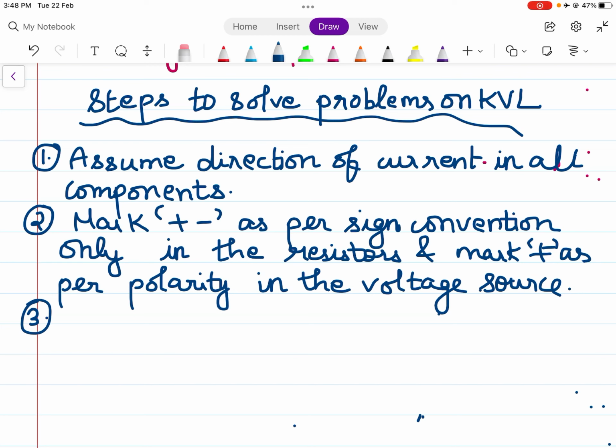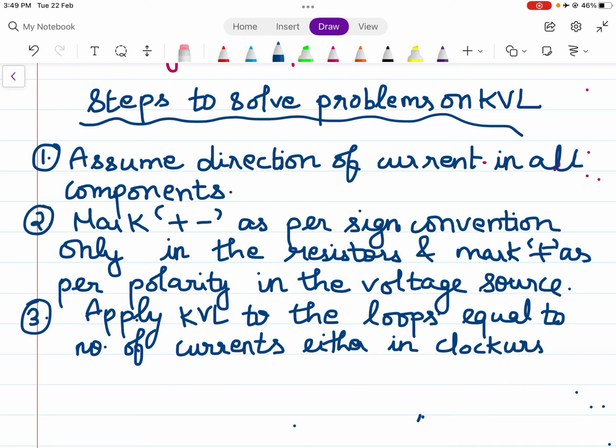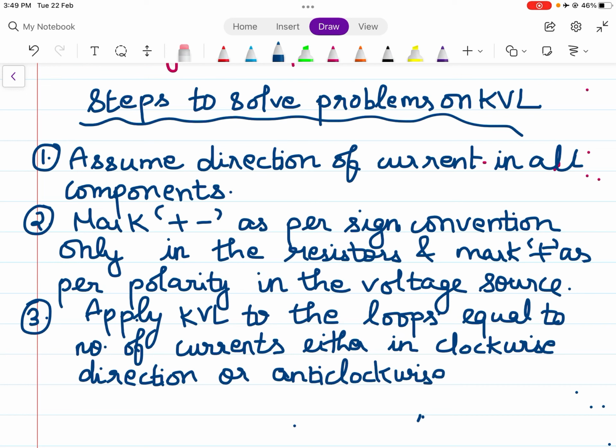Step number 3, apply KVL to the loops equal to number of currents, either in clockwise direction or anti-clockwise direction.